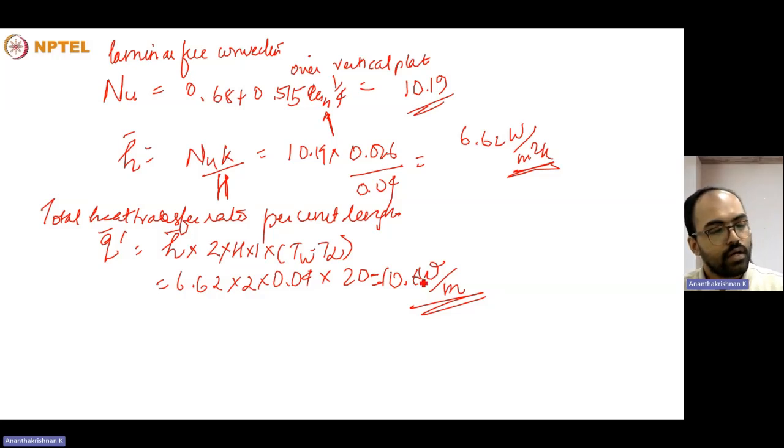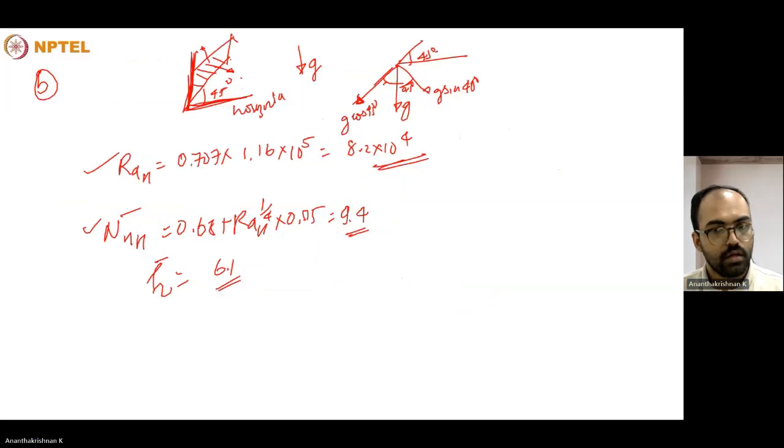The Nusselt number decreases proportionately with the Rayleigh number. So when we substitute, the new heat transfer coefficient will be 6.1 watt per meter square.